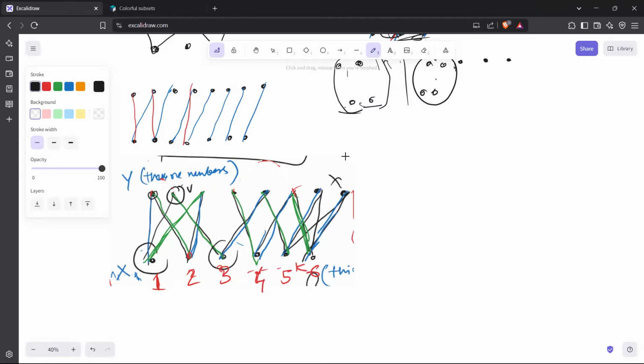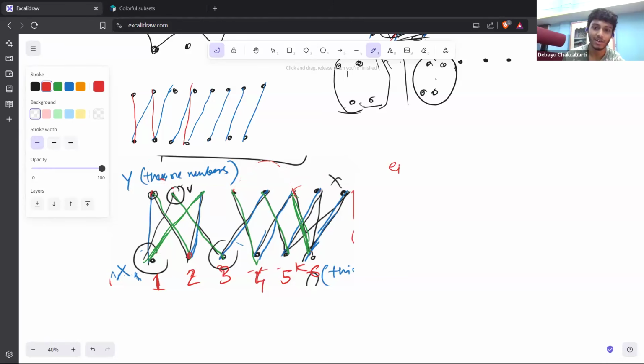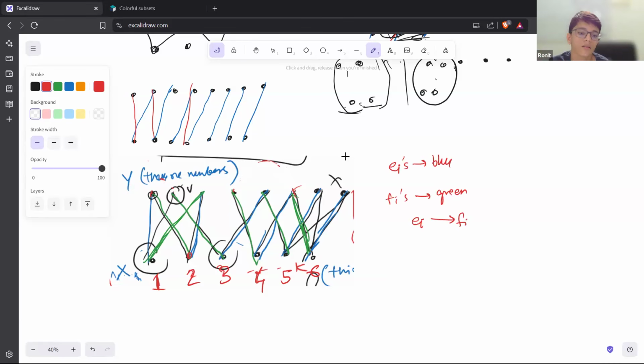Wait, I like the jumping thing. Could we do the jump at least and see how it goes? Yeah. Let's say the E_i's are blue and the F_i's are red. And we go from E_i to F_i. These are edges, right?